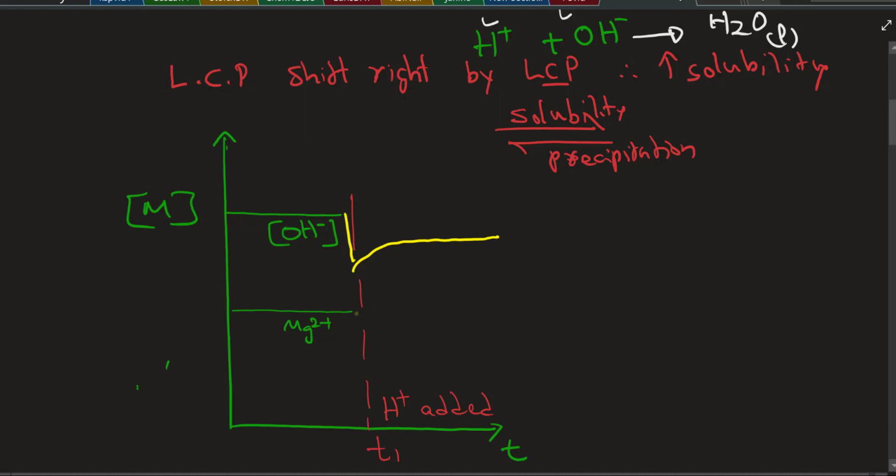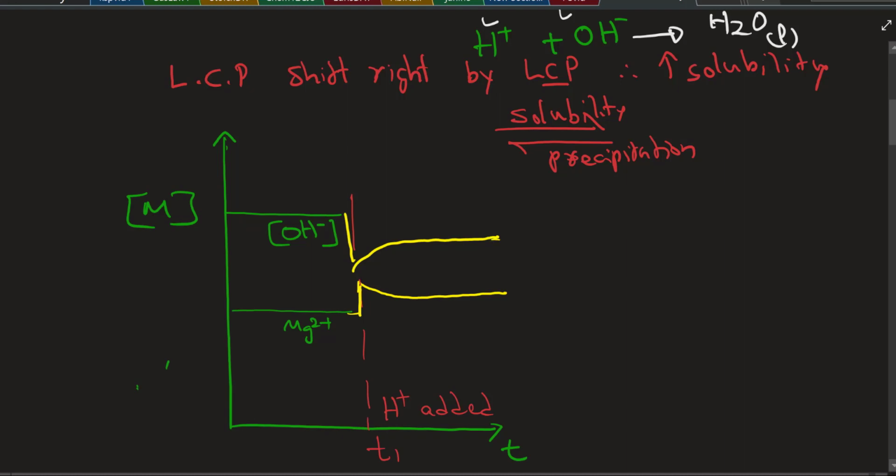So when the equilibrium is re-established, hydroxide will drop quickly and then back up a little bit, but not to the same scale, because hydroxide is twice and magnesium is one time, right? It will be indicated in this one.